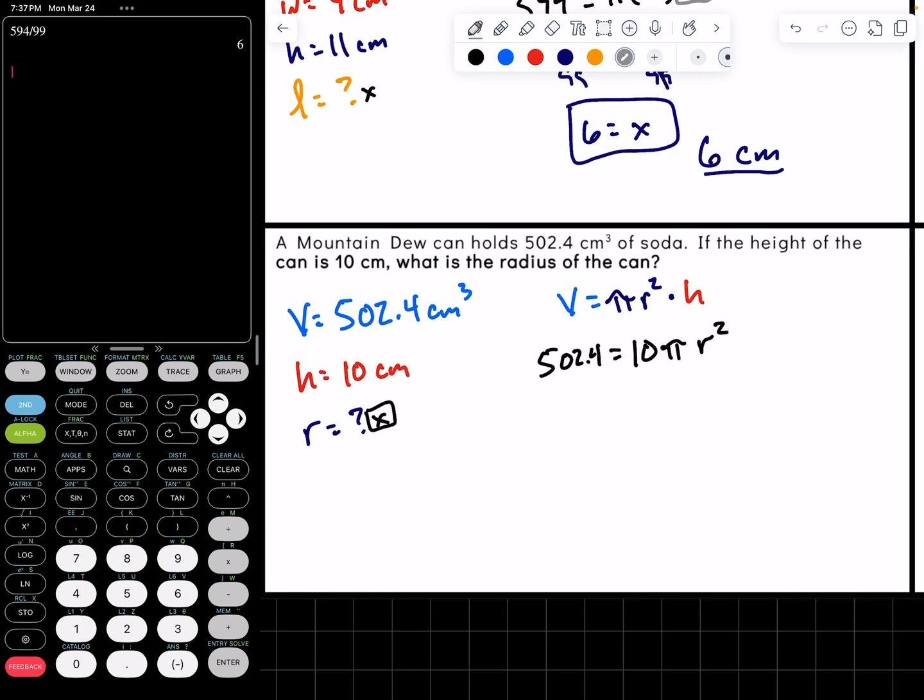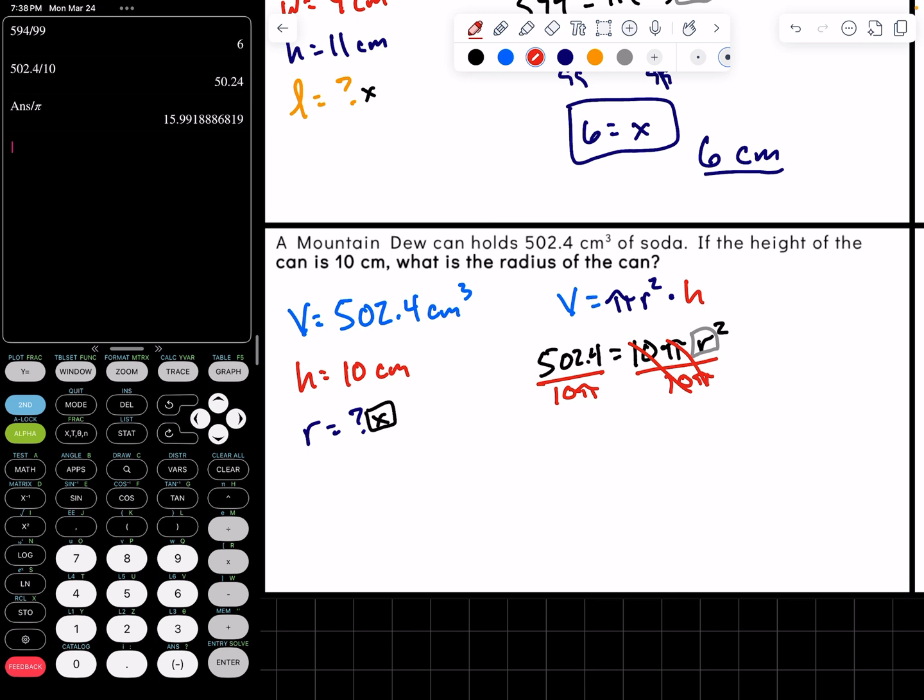R is what I am solving for, so I need to get it by itself. So what I'm going to do here, I'm going to go on ahead and divide both sides by 10 pi. So 502.4 divided by 10, and then divide that by pi. I want you to be very careful, and I'm going to go on ahead and round that to 16.